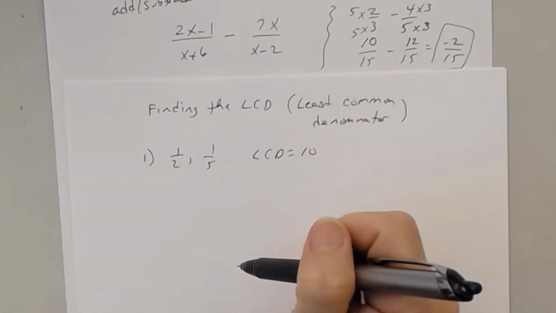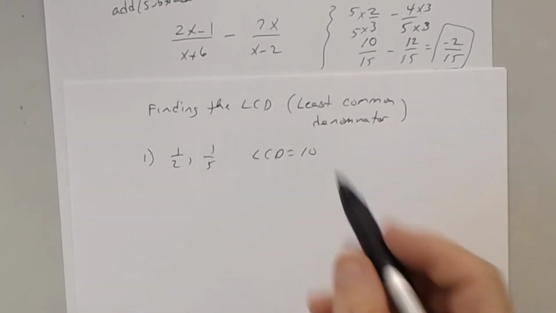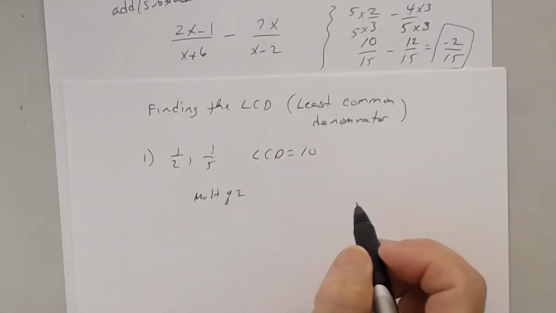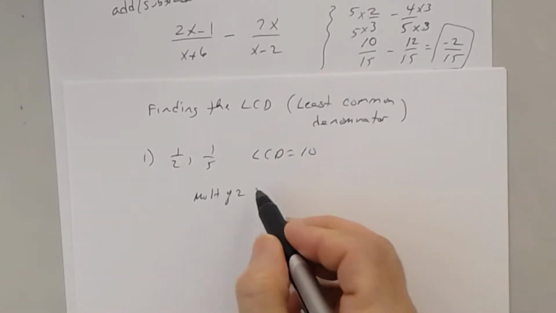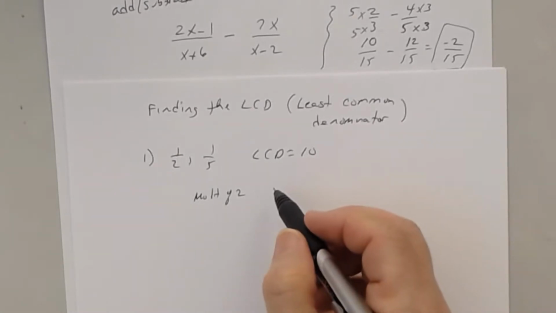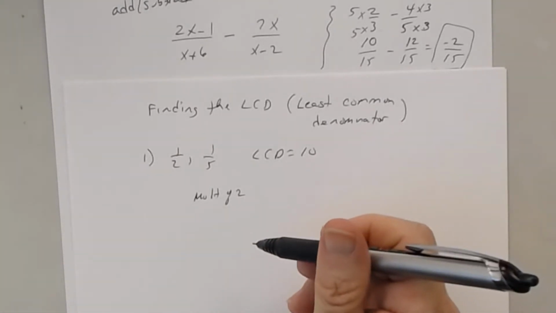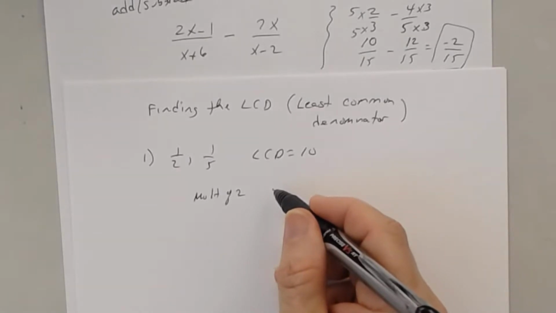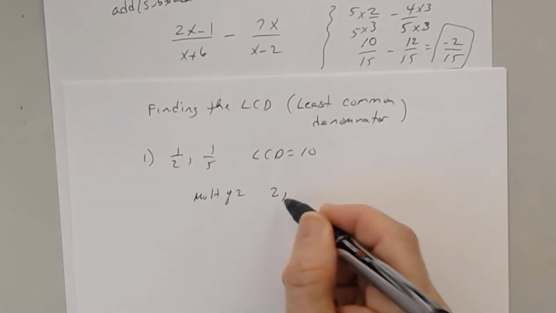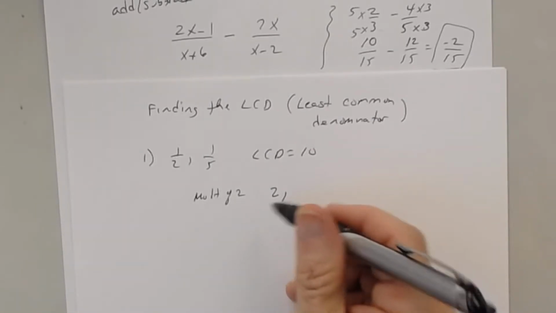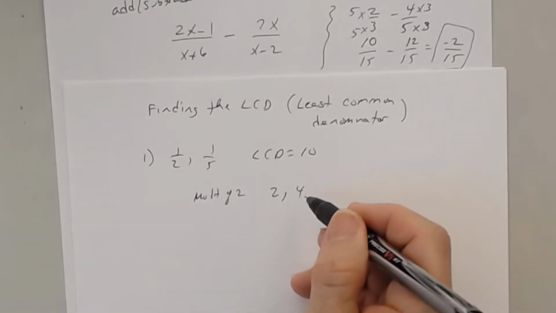Now notice I use the word common. So what that means is this. If I look at the multiples of 2, meaning this, what numbers will 2 go into evenly? 2, because 2 times 1 is 2, right? 4, because 2 times 2 is 4.